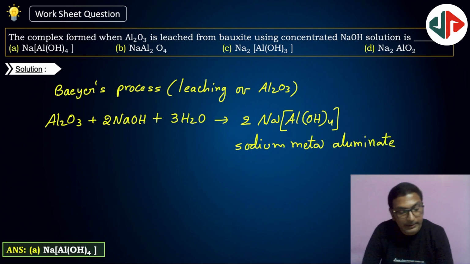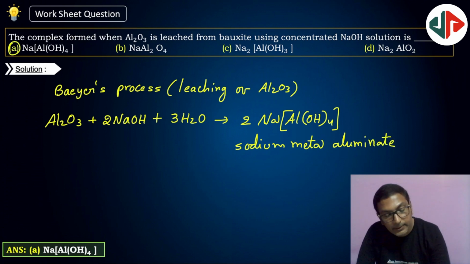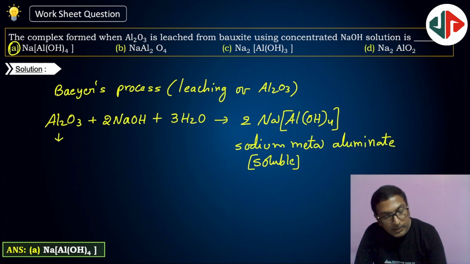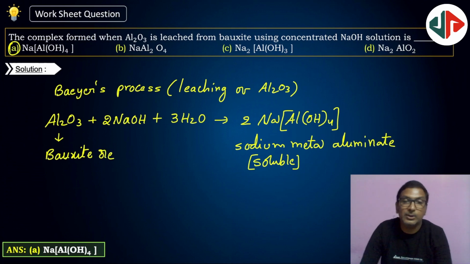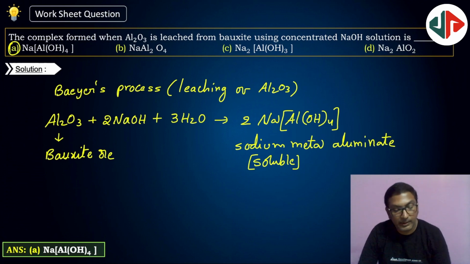Very important. Option A. This is completely soluble. When bauxite ore is treated with an aqueous solution of NaOH, it forms the soluble complex sodium meta-aluminate. It is Bayer's process for leaching of bauxite ore.